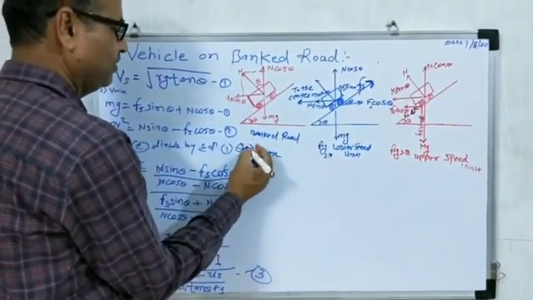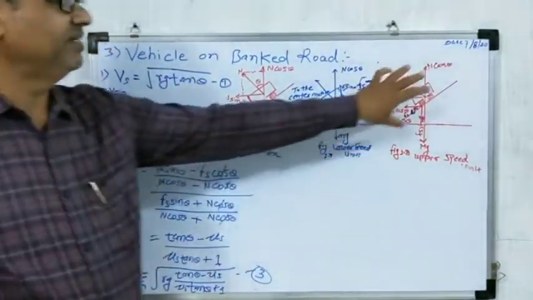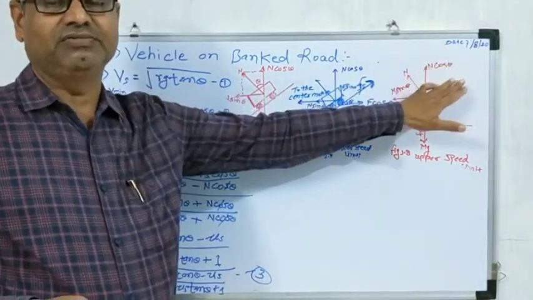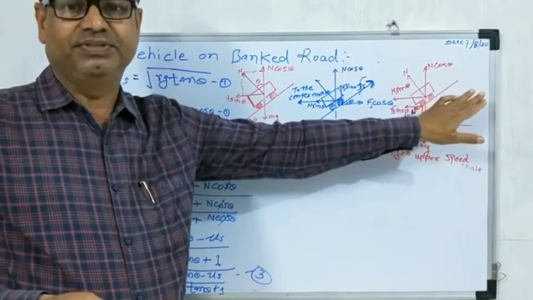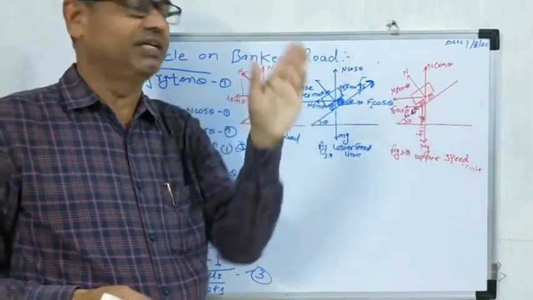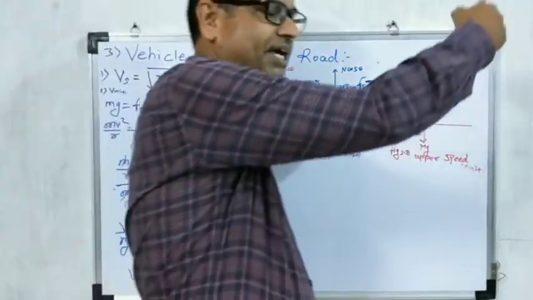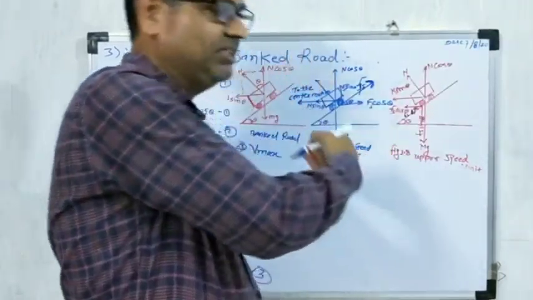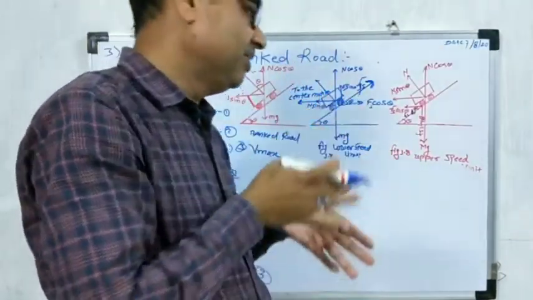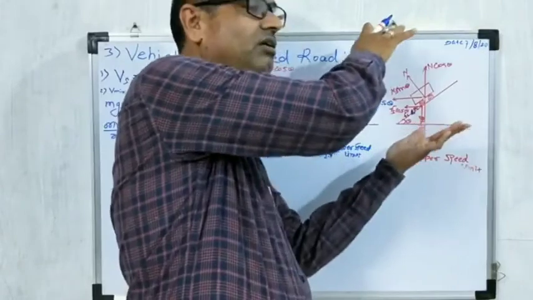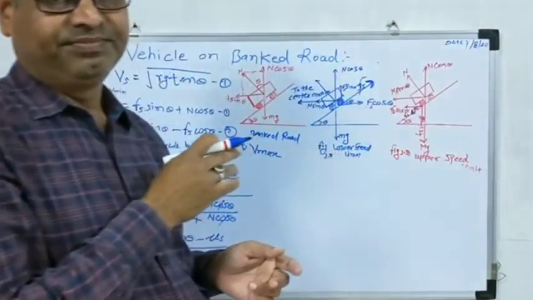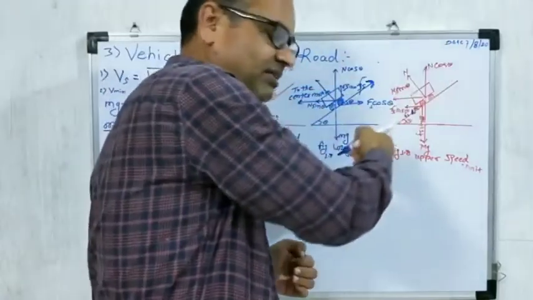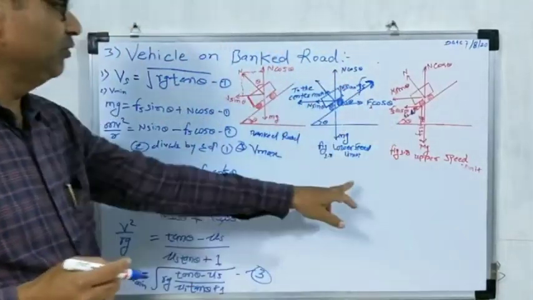Third equation. The third figure shows a car moving along a curved road at a higher speed, that is the upper speed limit. The force of traction should be created in a downward direction.